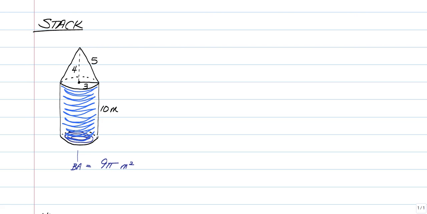To find the lateral area of the cylinder, it is the circumference of the base times the height. So the circumference of our base would be 6 pi times the height of 10, which is going to give us a lateral area of 60 pi meters squared. And again, that's just for the cylinder.